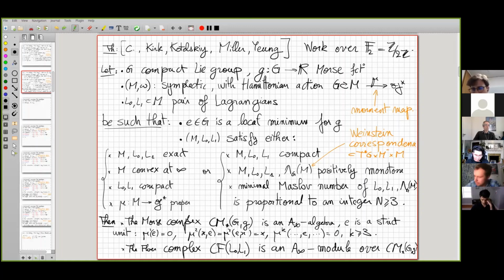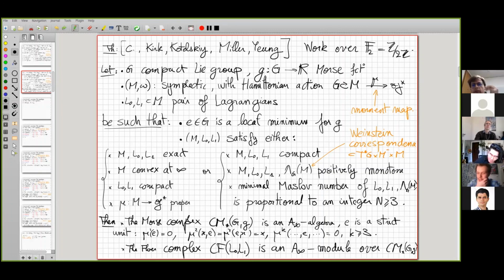So my question is, in this toy model, do you know how much of the topology of this space with Lie group action this A infinity module captures, or do you expect something about the topology in the finite dimensional case?